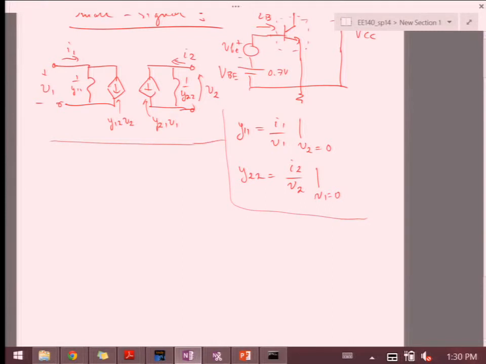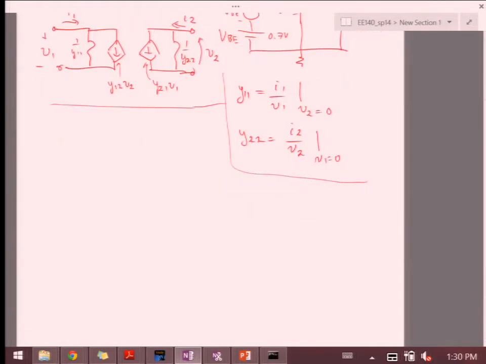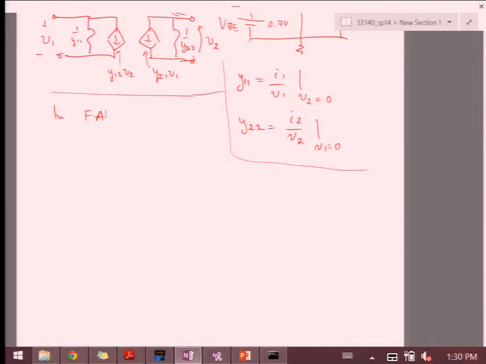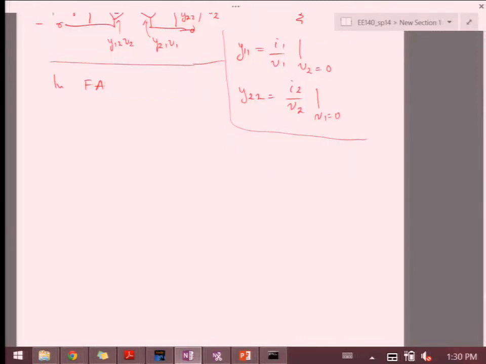So this is the general model. Now, disabling the reverse operation, we essentially get what we call a pi model, in forward active region. The predominant flow of information is from the base to the collector, and not the other way around, because the junction is biased like that.